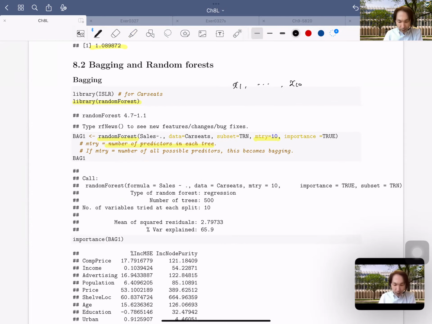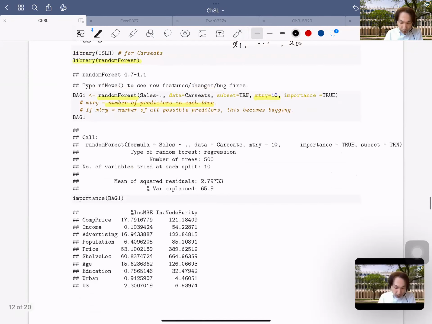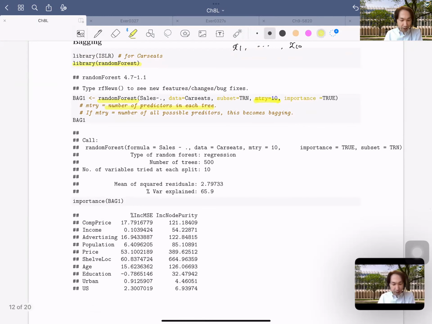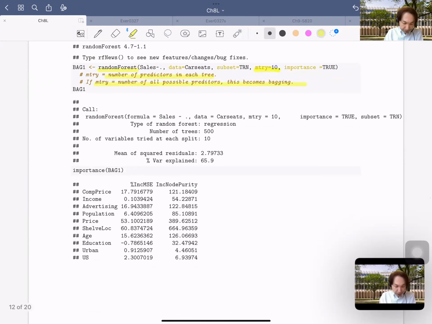These are the shelf location, the competitor's price, the country of origin of car seats, or something like that. Here we allow all predictors each time to generate a tree. So that is bagging. If mtry is smaller, then that is a random forest. And here is the result.